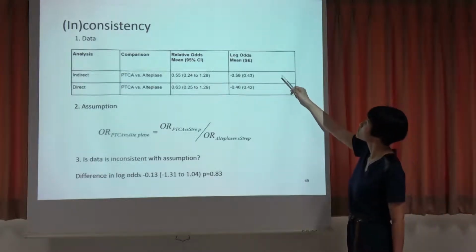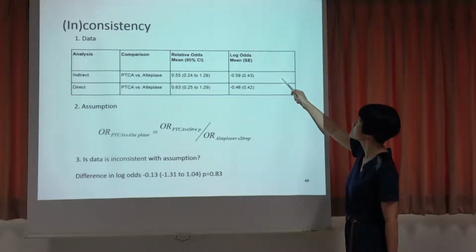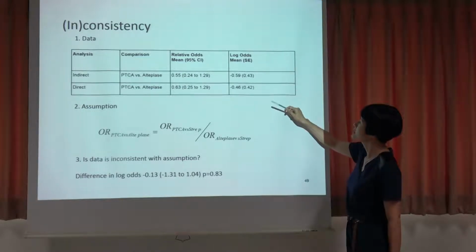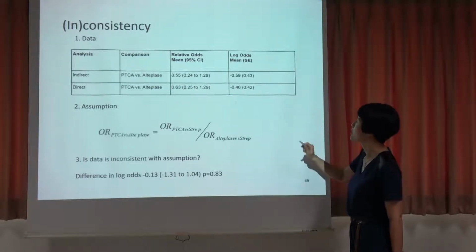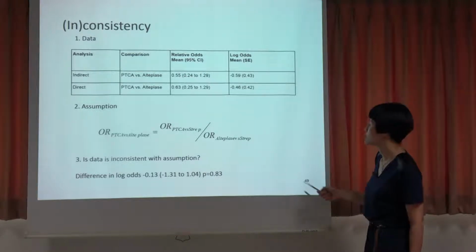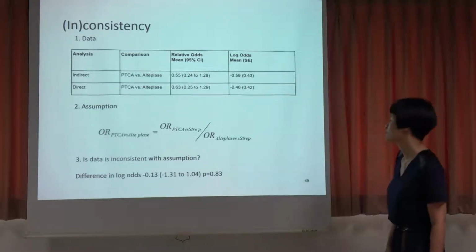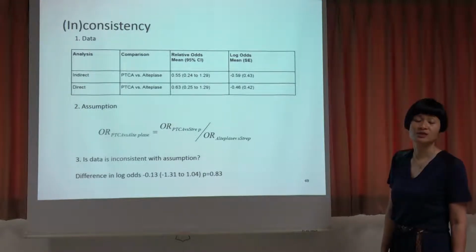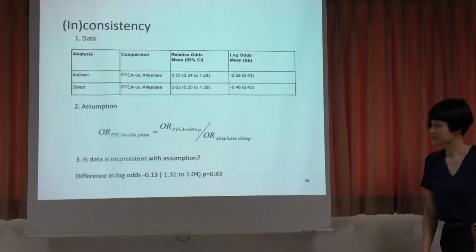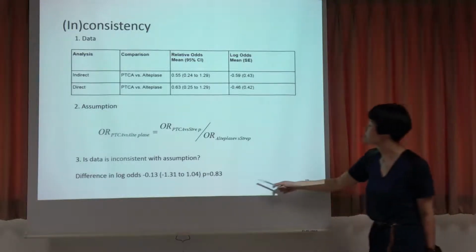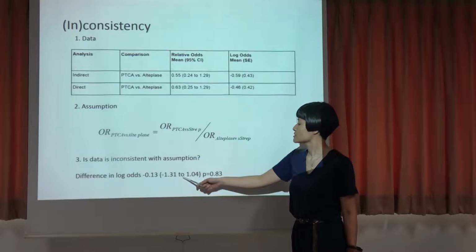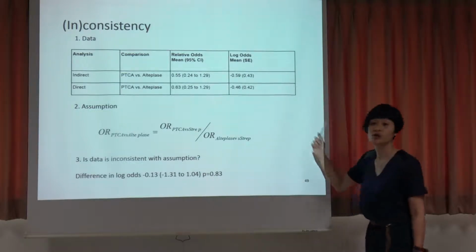The log odds ratio for indirect evidence is minus 0.53, and for direct is minus 0.46, and you can look at the difference between these two and calculate the confidence interval and the p-value. So potentially you can formally test it. And this is basically telling us there is no difference between the two log odds here.